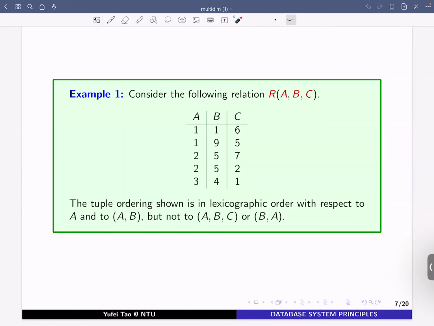Here you have ABC as the schema of the relation, and here I show you 5 tuples. These 5 tuples are partially sorted. What do I mean? They are actually sorted according to A. As you go down the table, you can see that the A values are in ascending order.